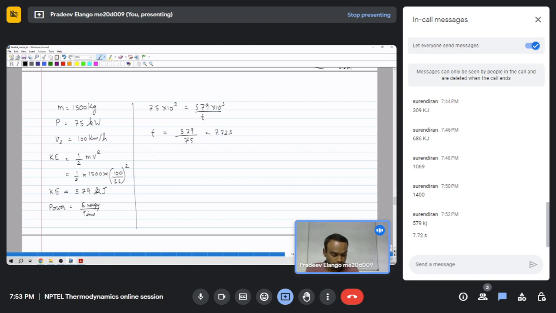Is this value realistic? In reality, do you think we will get 7.72 seconds or more or less? You can type in what you feel, or you can also unmute and answer.